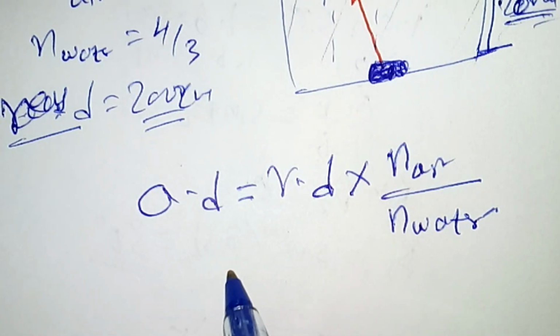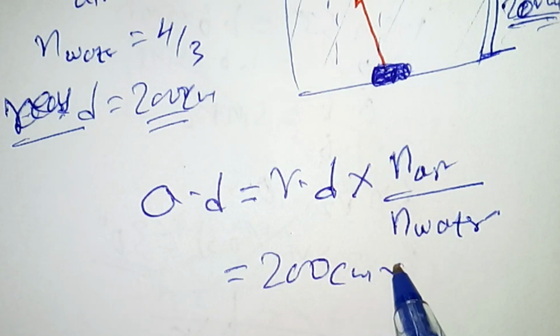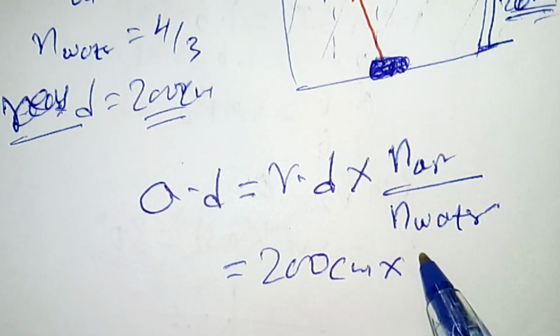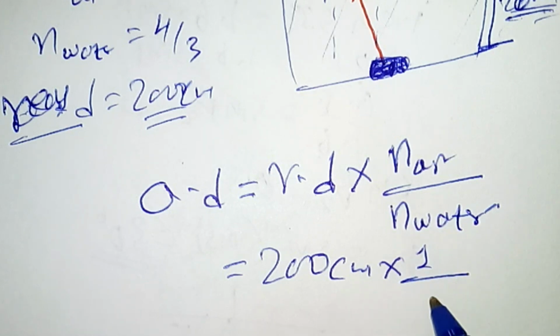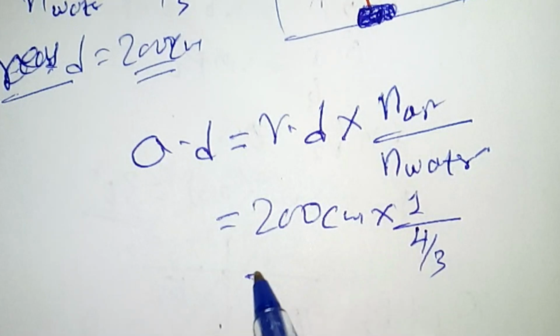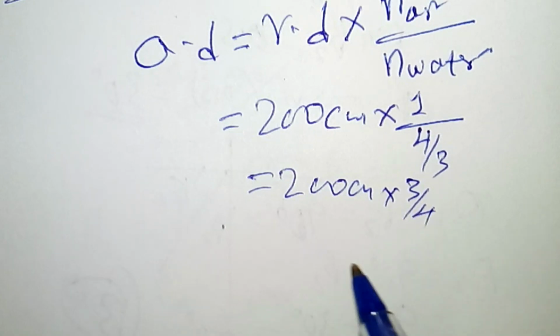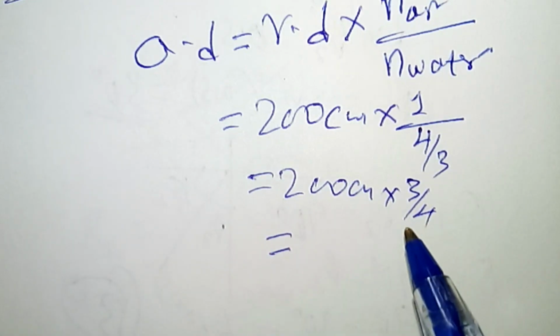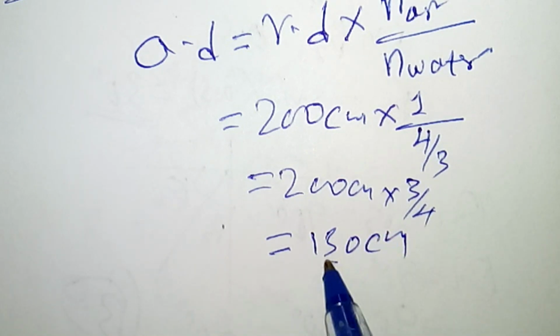If I substitute the values directly, real depth is 200 centimeter times the index of refraction of air, which is 1, divided by the index of refraction of water, which is 4/3. If you rearrange this, it is 200 centimeter times the inverted 4/3. If you do this exactly, you get 150 centimeter.